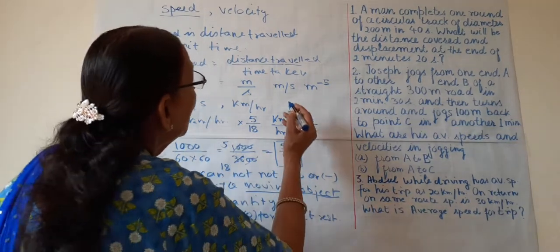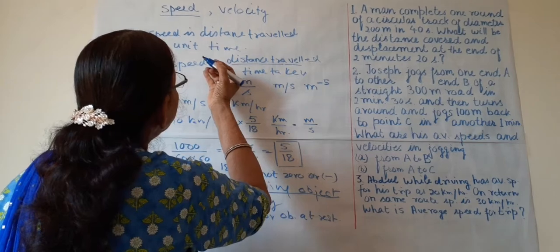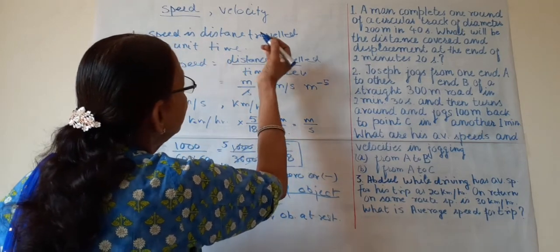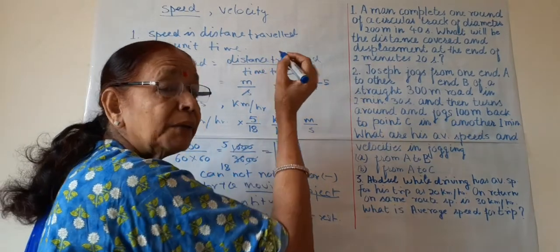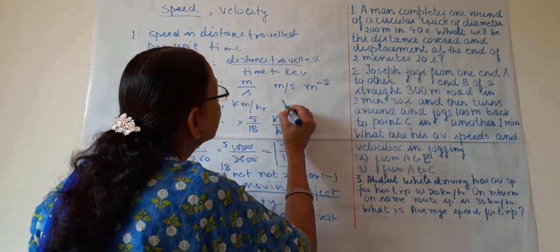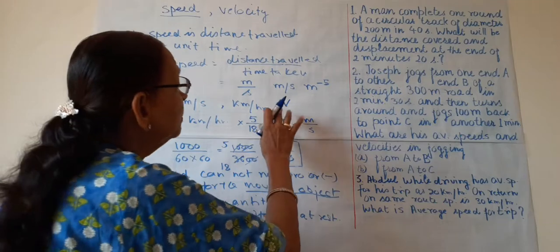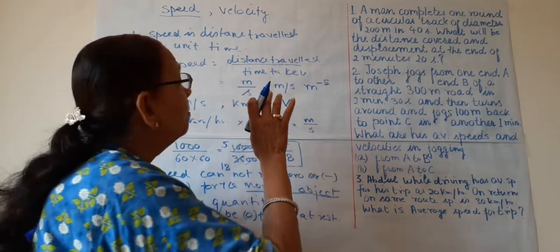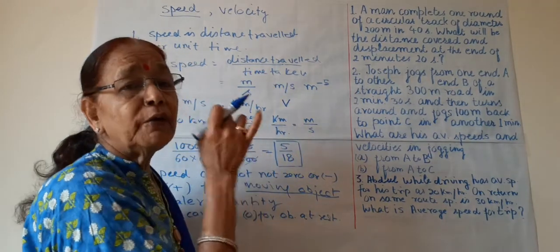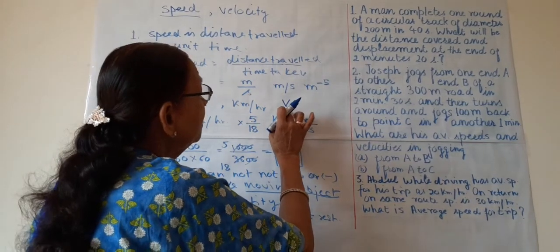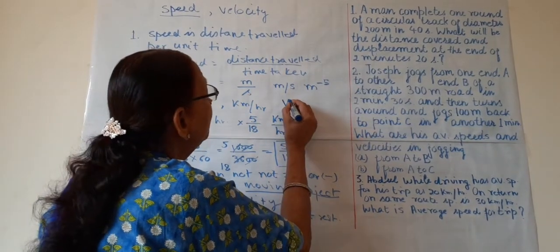One more thing, how we write the notation, the symbol for speed, distance and time in physics. In physics, for speed we write v. Although this v is for velocity, for speed also we write the alphabet small v.